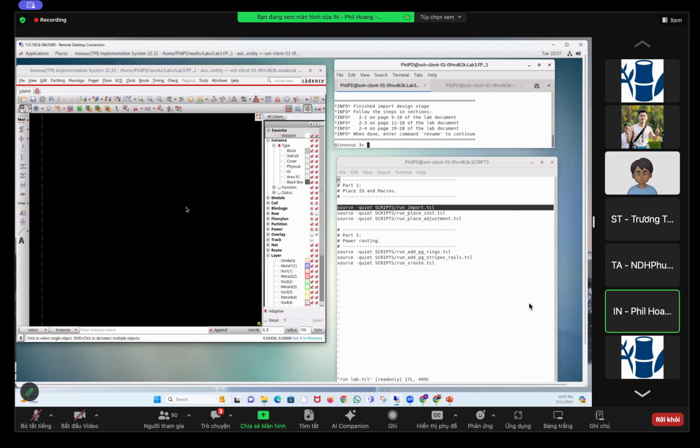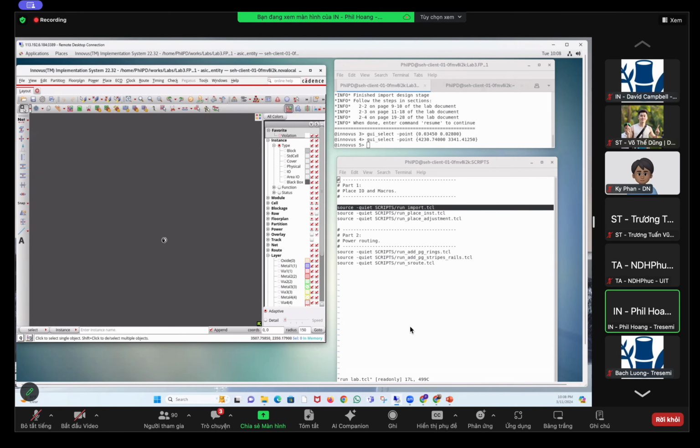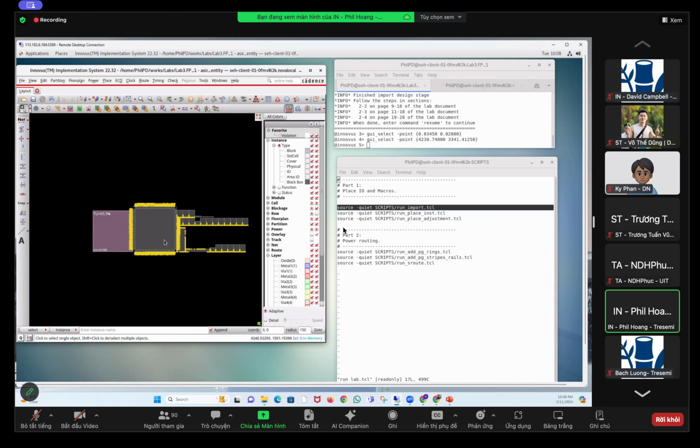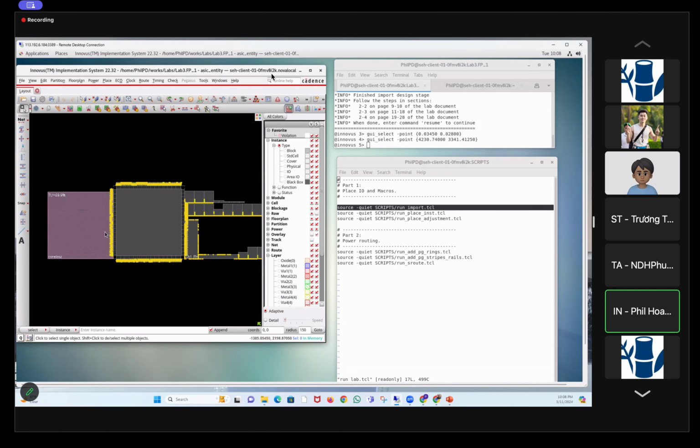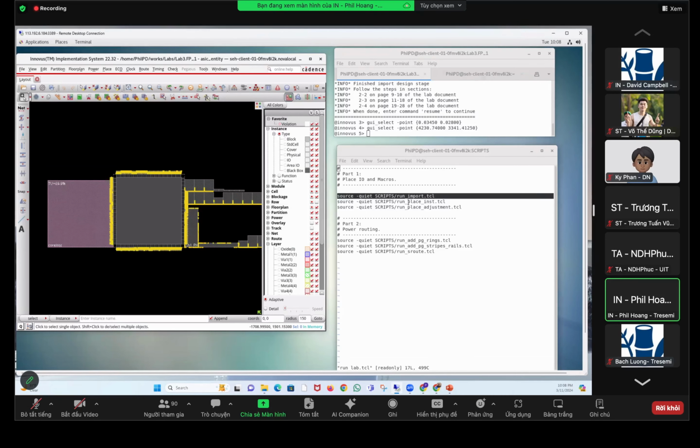And after import, you see this view, right? If you see a mobile view, then you see the macros and the logic, and then you place the instances.